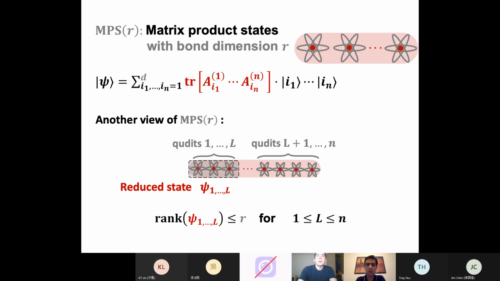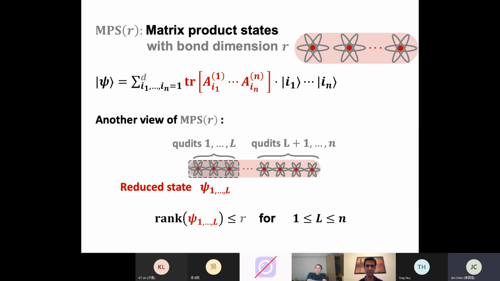But equivalently, you can think about MPS as the set of states such that if you look at the reduced density matrices across any cut, the rank of the reduced density matrix is at most R. So then one natural way to test MPS is to just check all the cuts and see if the rank is less than R or not. I see. Okay, thanks. You're welcome.